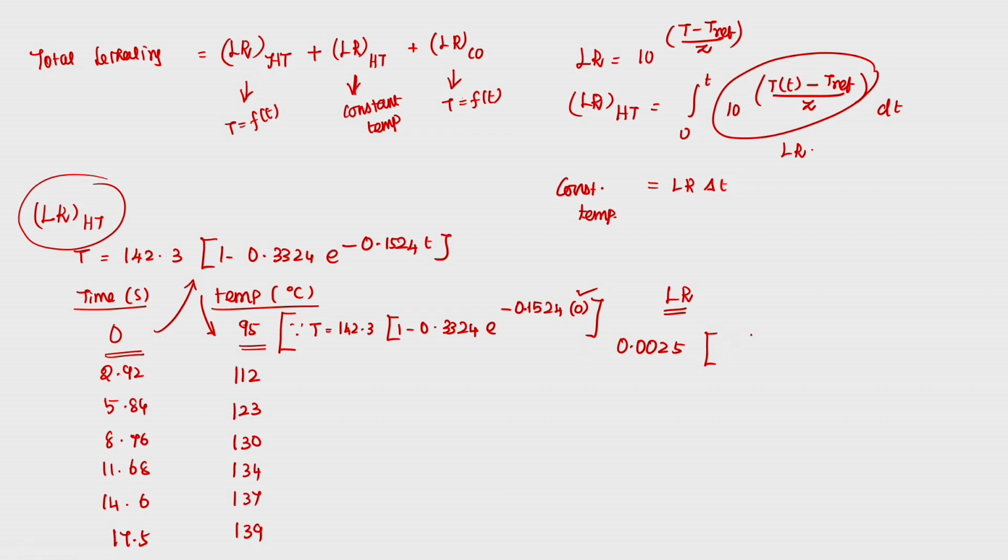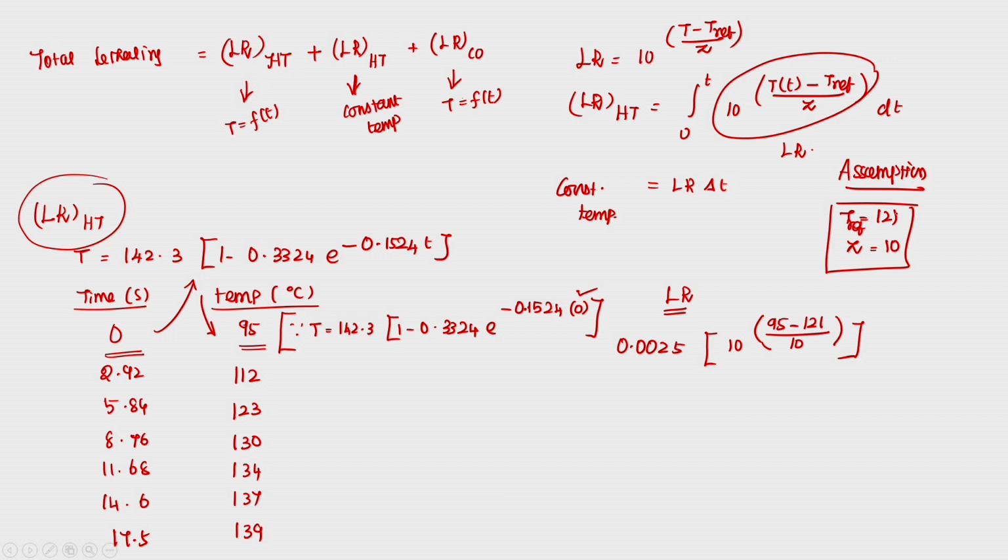It is nothing but 10 to the power of T, where T is given as 95, my reference temperature is 121, divided by my reference Z value, which is 10. The assumption here is T reference equal to 121 and Z equal to 10. From this I calculated the LR value.